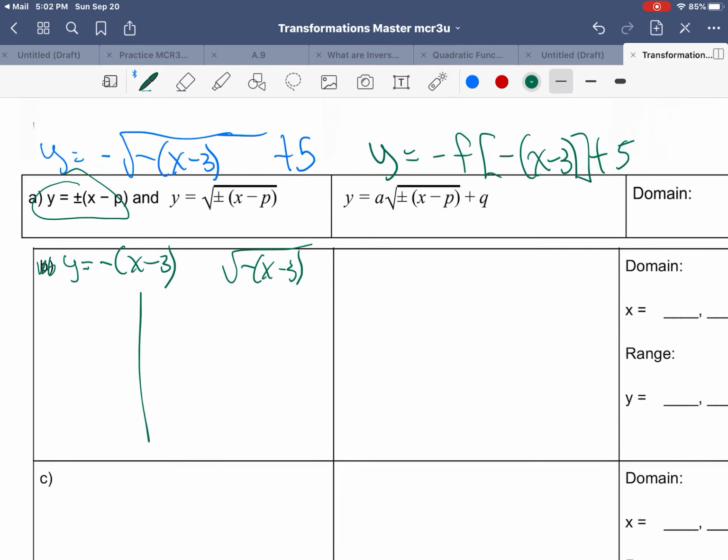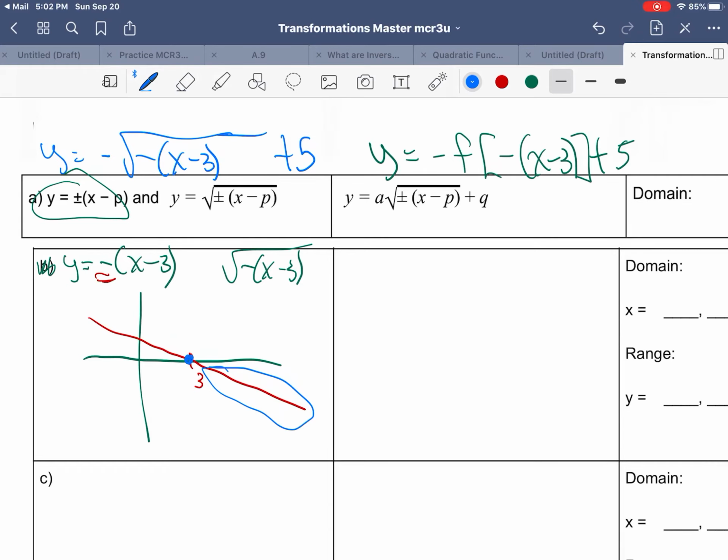How do we do that? Let's draw a rough sketch here. The straight line negative x minus 3, what does it look like? Well, I know the x-intercept is 3, and I know that it slopes down because of the negative sign right here. So now I can look, which way will the square root open? Well, I know for sure that these values here are negative, and I cannot take the square root of negatives.